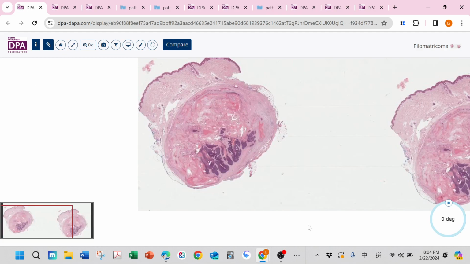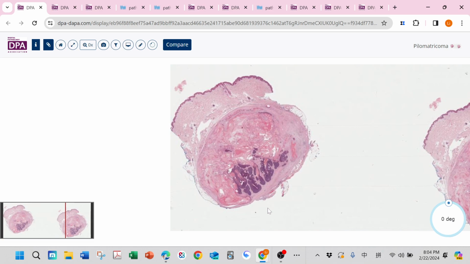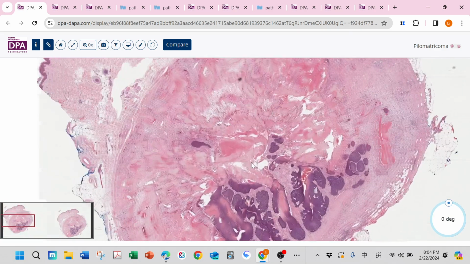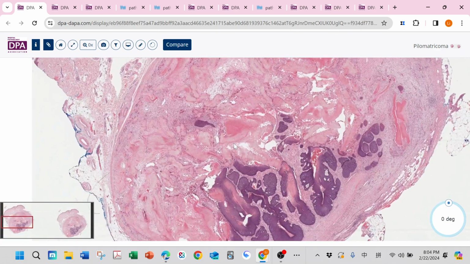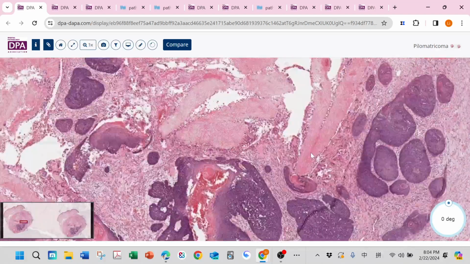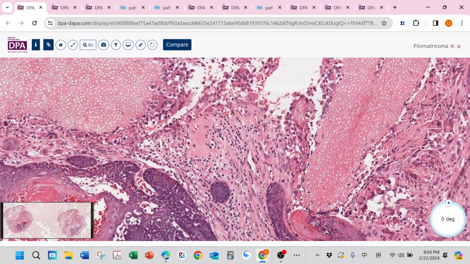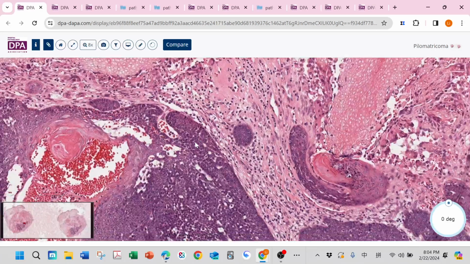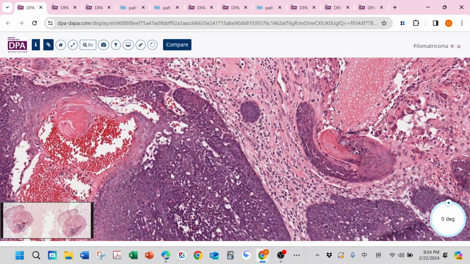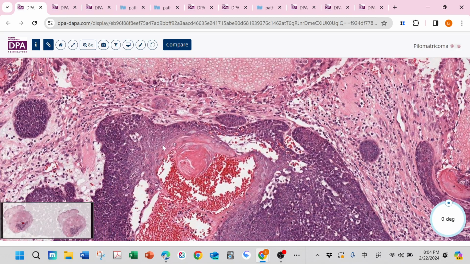Let's see more examples of pilomatricoma. Even in low power, we know well demarcated basaloid cell, ghost cell. Let's find whether in this example we can find some multinucleated giant cell. Ghost cell without the nucleus. These matrical cells, usually we can find tons of mitosis, but it doesn't matter, it doesn't change the benign entity.